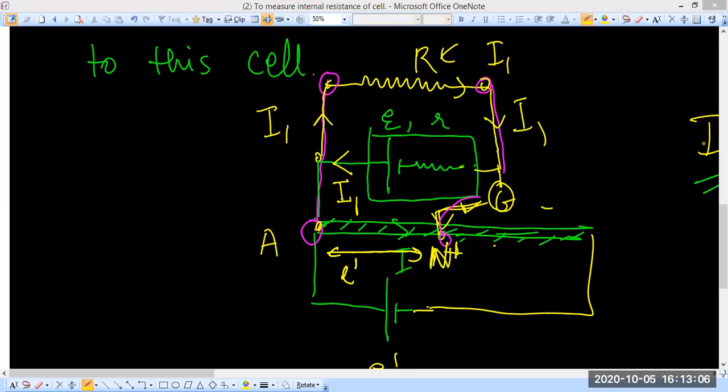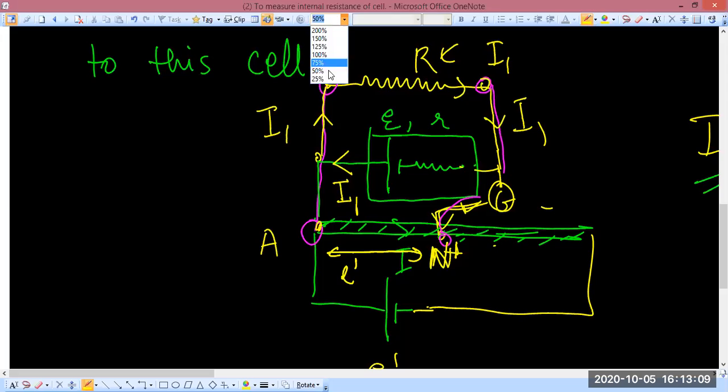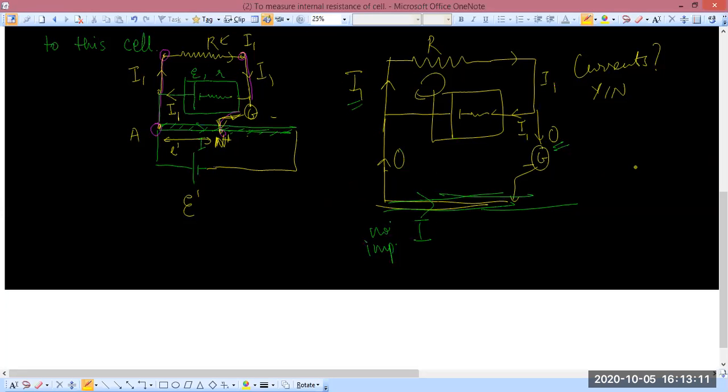So let's also write it. We'll have to go to the next page because the space here is all over. Okay, I'm going to the next page.